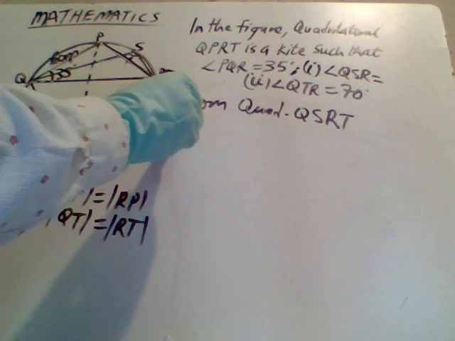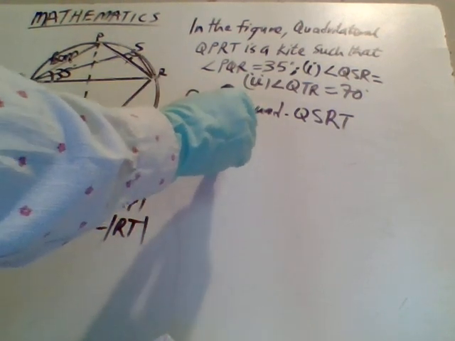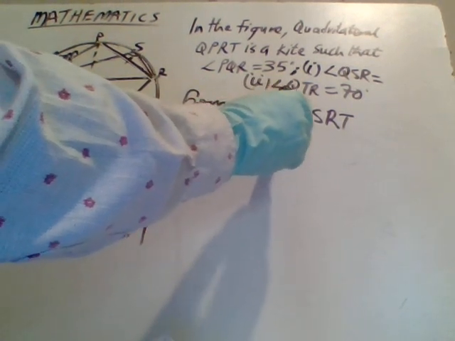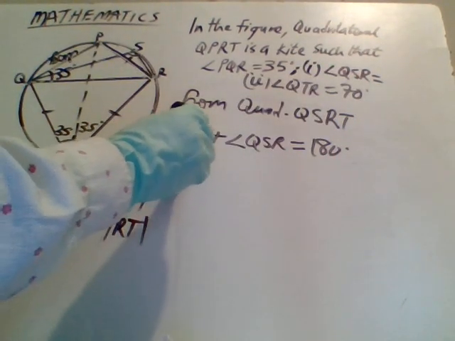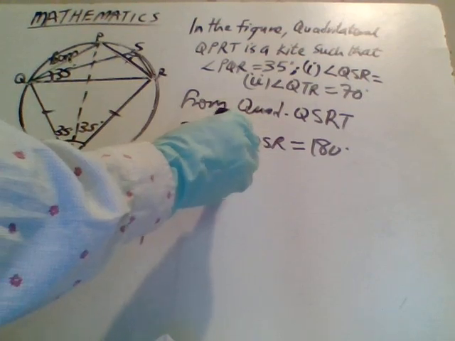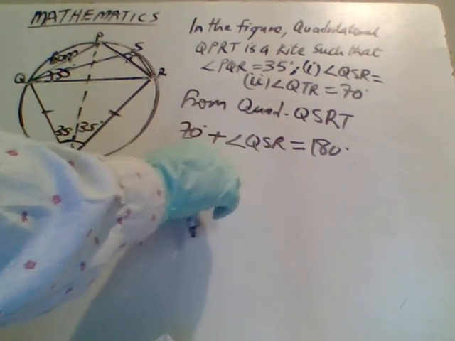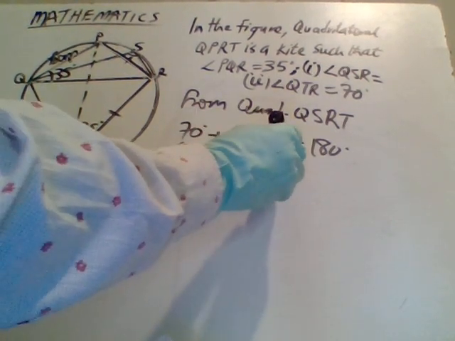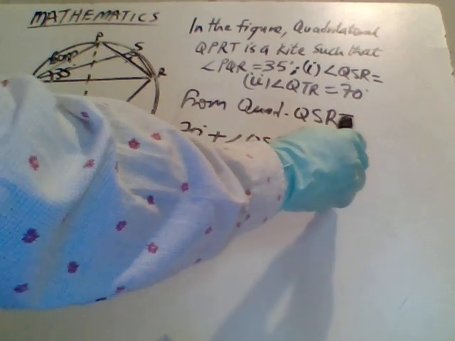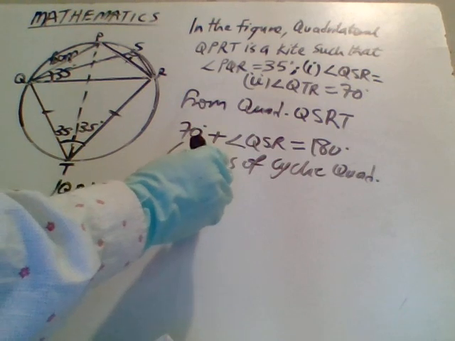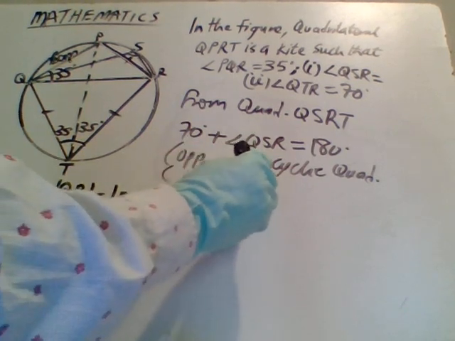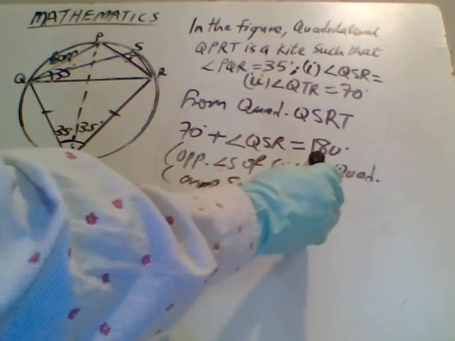That means 70 degrees plus angle QSR sum up to 180 degrees. The reason is that opposite angles of a cyclic quadrilateral are supplementary. Supplementary means they sum up to 180 degrees.